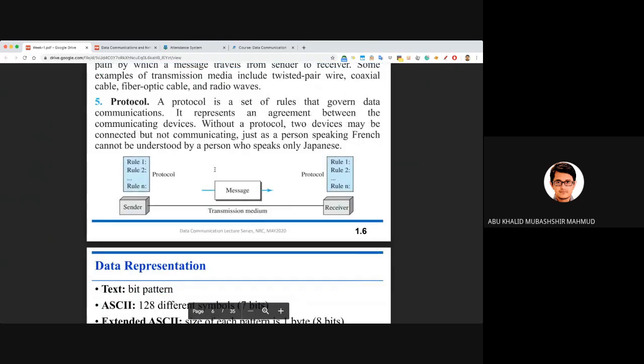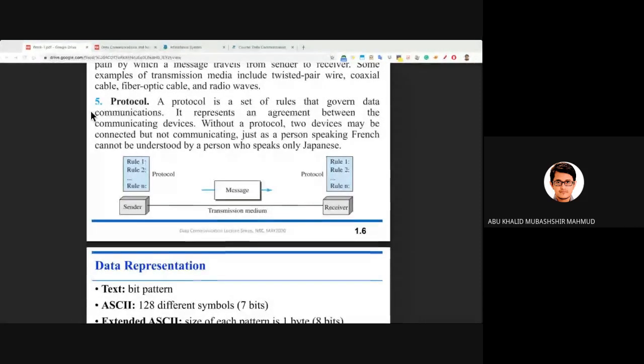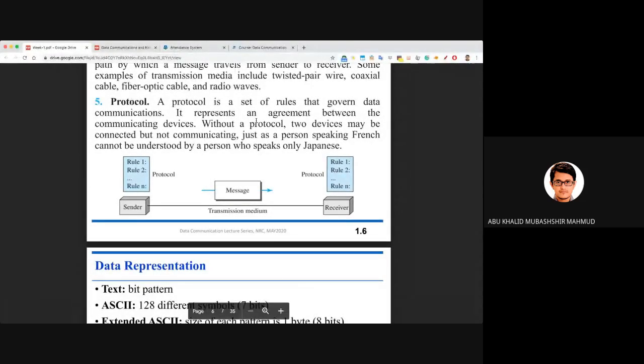Protocol. Protocol is a set of rules that govern data communications.